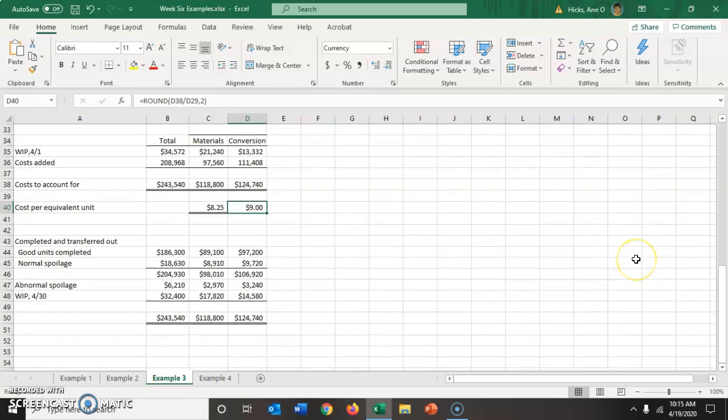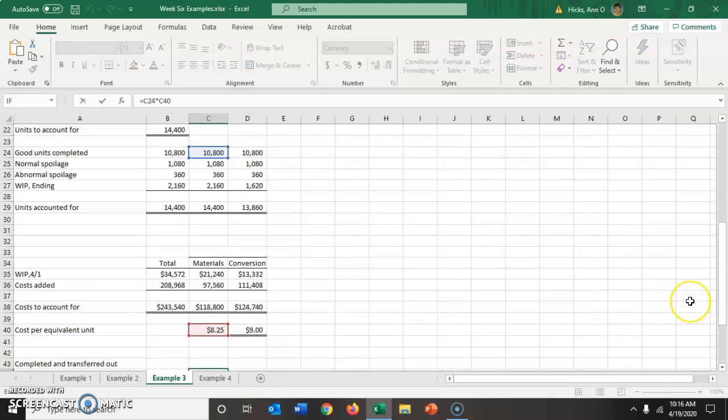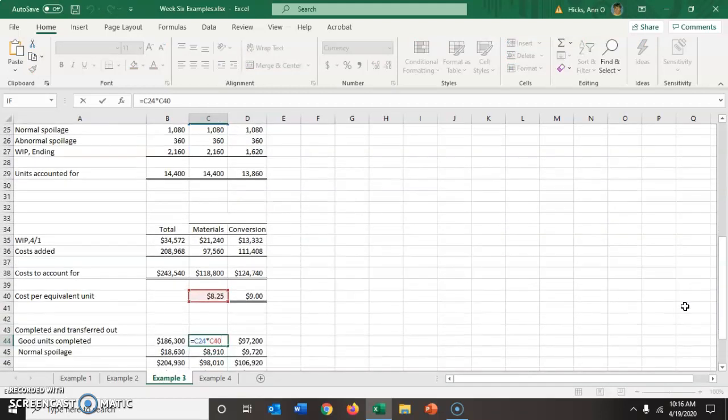Now, the last step is really the same process. The only difference is we have those two separate line items, normal spoilage and abnormal spoilage. We've calculated these the same way we did before by taking the cost per equivalent unit by the equivalent units for each line item.